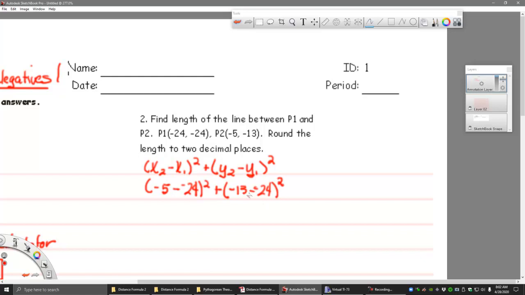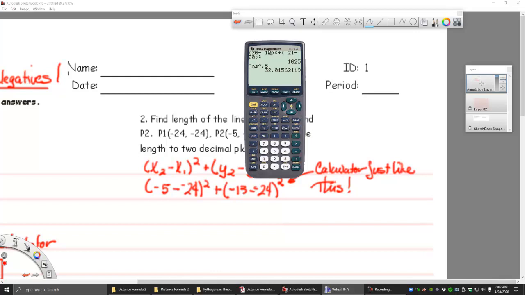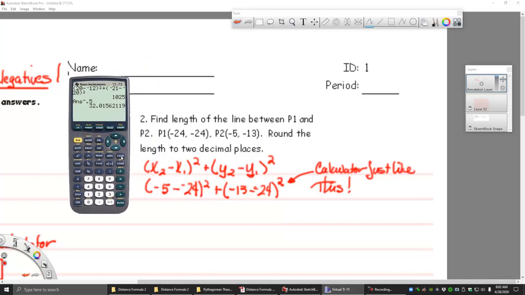Now we just pull up our calculator. Just like I have it there on the paper, or there on the screen. That's what you need, just like this. Okay, so let me bring up my calculator. Let me see if I'll clear my screen here.